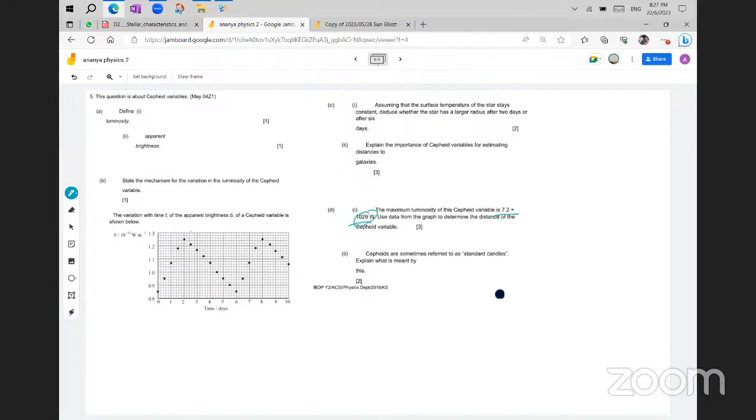I'm going to focus on this one that is wrong. This is a typo. This must be 10 to the power 29. They tell you luminosity, which is a very rare question that tells you luminosity at the start. Okay, so they tell you apparent brightness. So apparent brightness, which is B, and luminosity are related. So this is so weird.